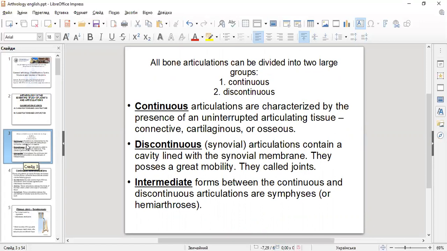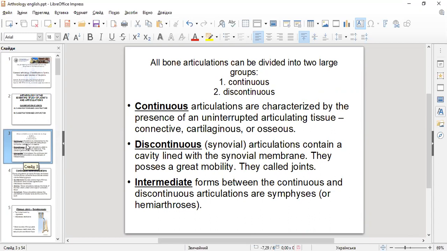Continuous articulations are characterized by the presence of an uninterrupted articulating tissue, connective, cartilaginous, or osseous. Discontinuous synovial articulations contain a cavity lined with a synovial membrane.